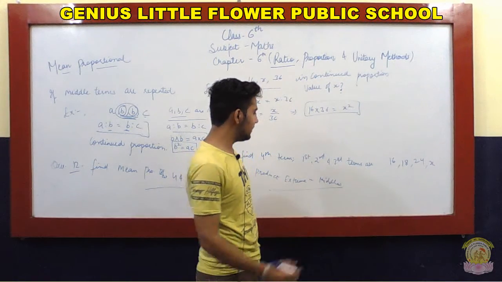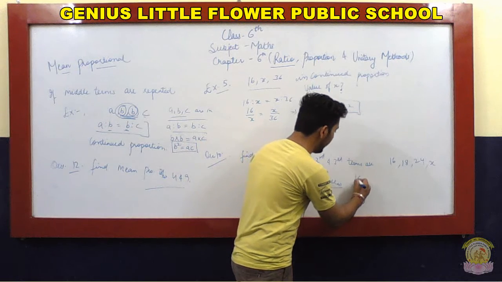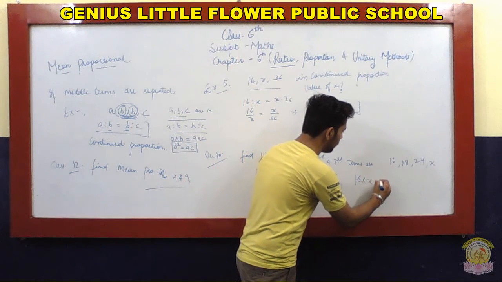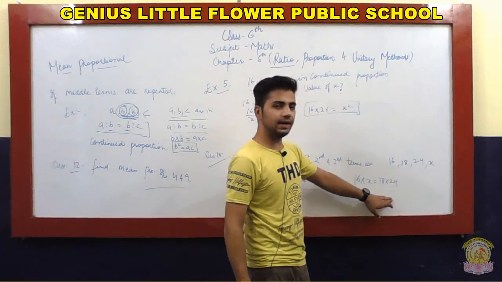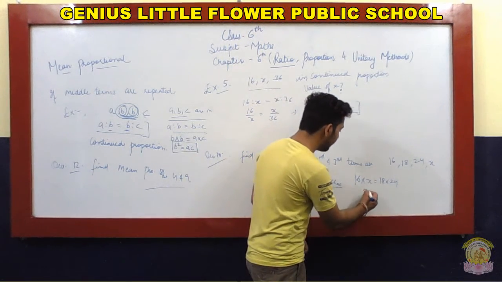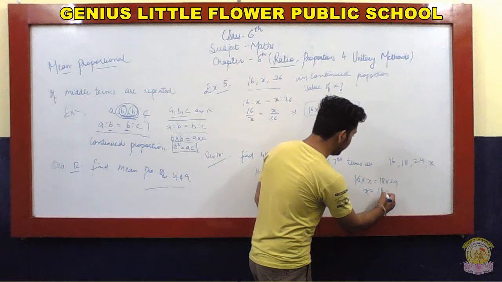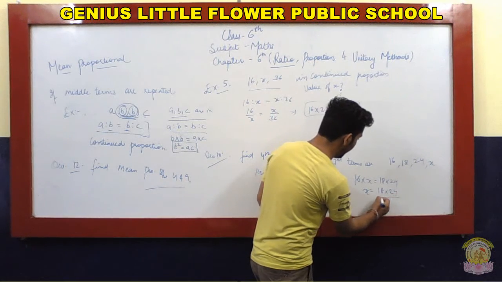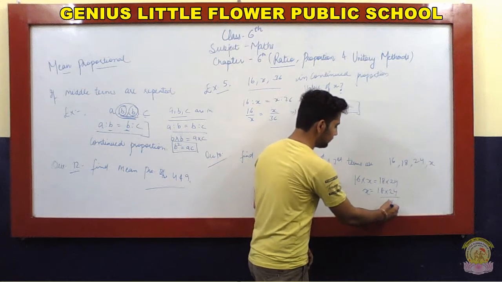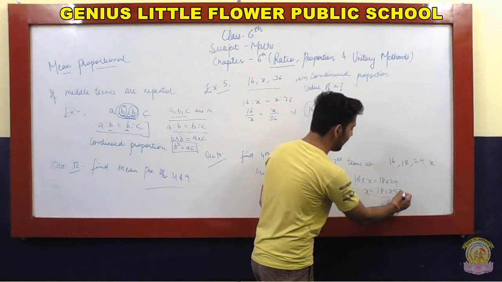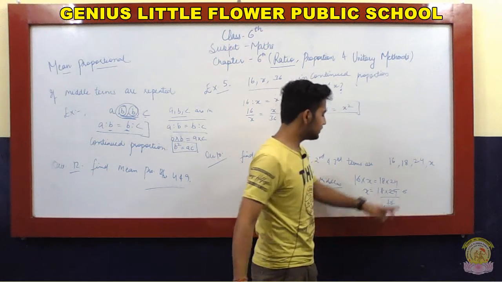Product of extremes means 16 into x is equal to 18 into 24, taking this 16 down here. So x is equal to 18 into 24 by 16. Cancel this by 4, and here you will have 4 sixes are 24.